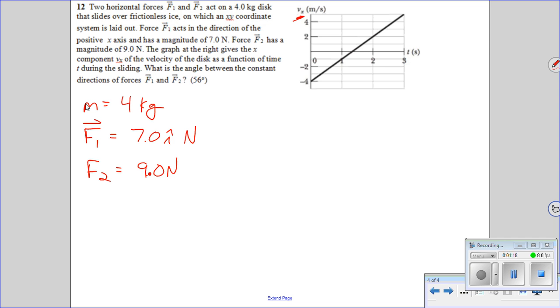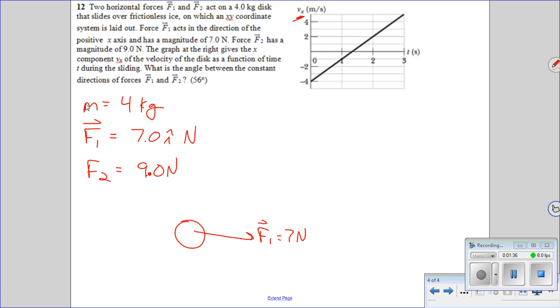All right, so what we want to do is find the angle between F1 and F2. So in other words, here's the disk, right? Here's F1. We know that this guy is 7 newtons.